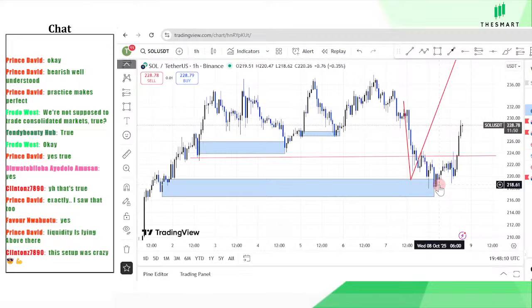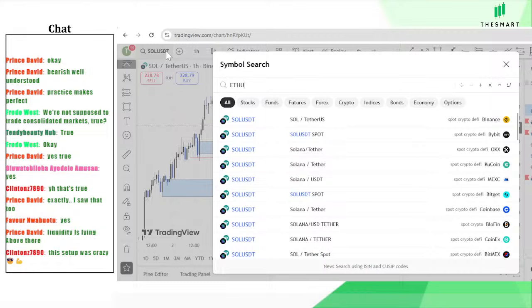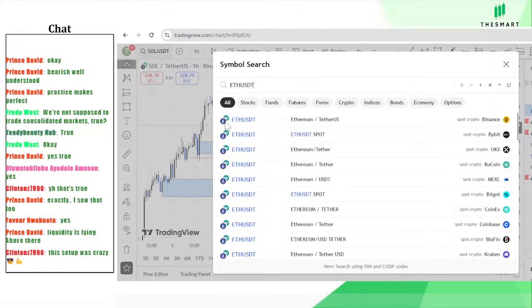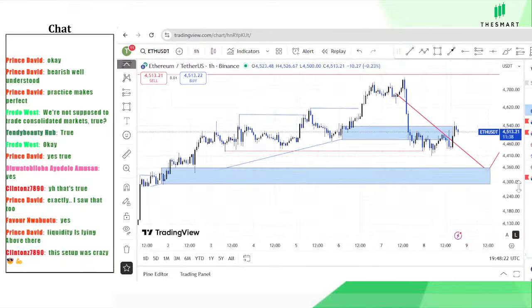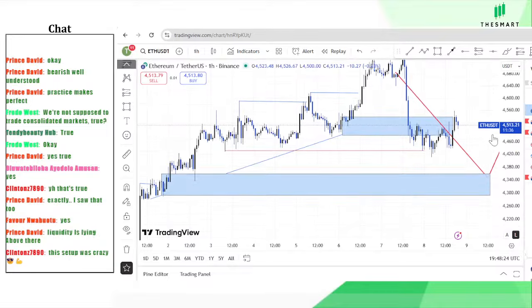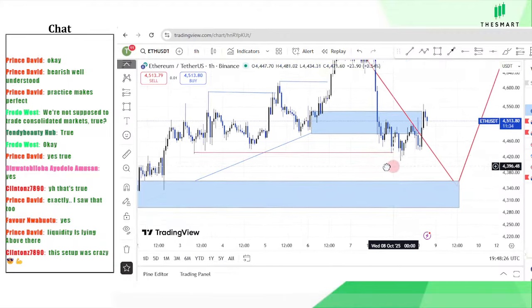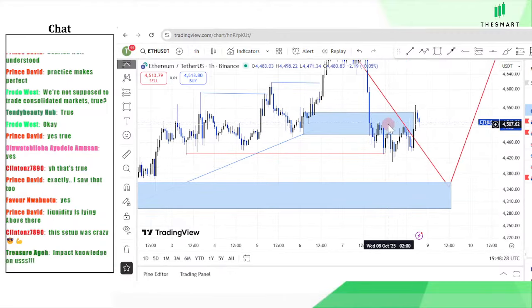I think we also have something on Ethereum. Okay, so this was the Ethereum chart. If you see the first zone, this was what I was trying to explain during the live session yesterday.